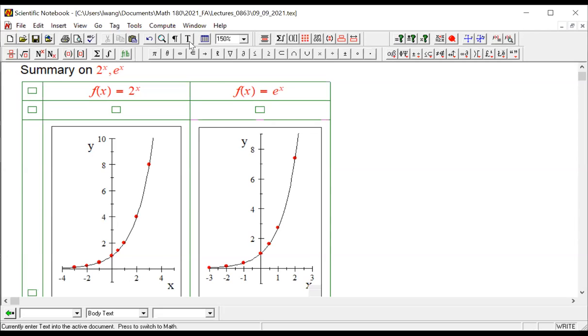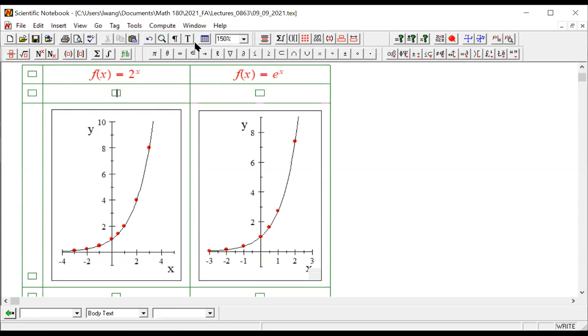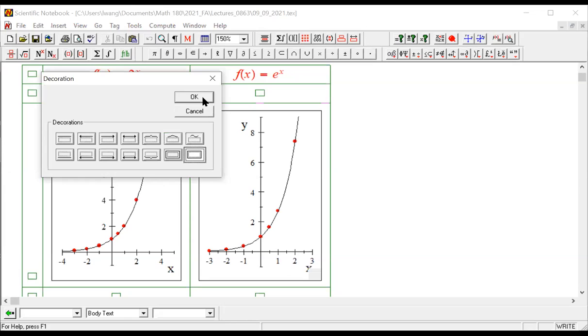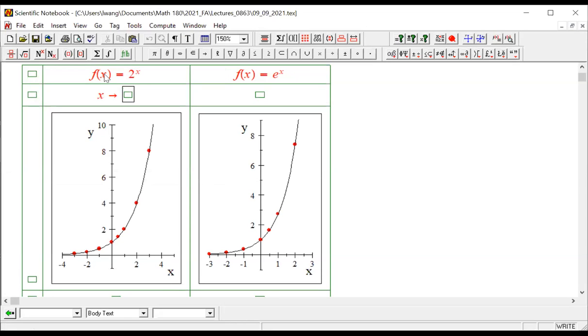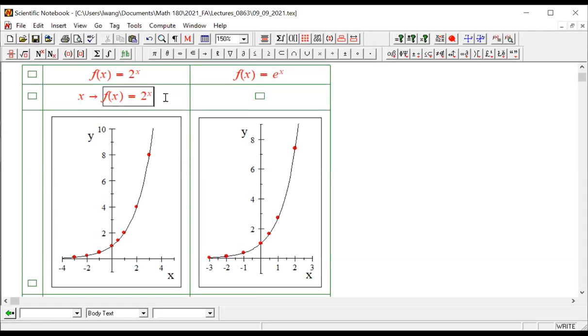So now x-intercept, and I'm sorry, the rule. I still want to emphasize the rule, because I'm addressing function. Remember I mentioned this: the entire semester, the theme is function, various different kinds of functions. I will never forget that. That's the rule, and the output is 2 to the power x.